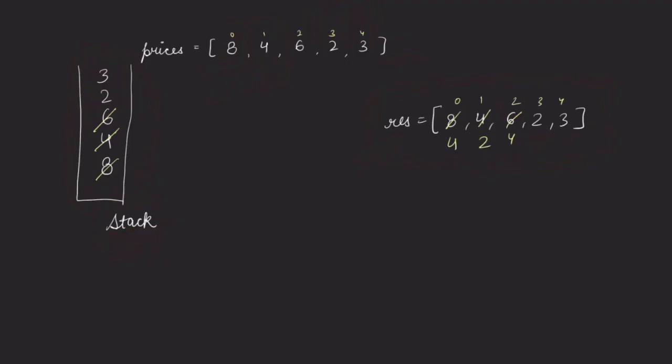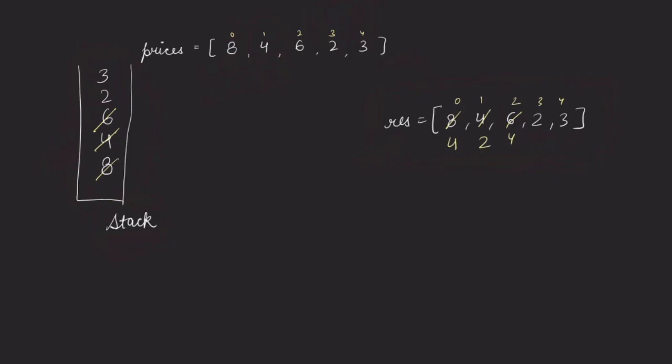And another thing to keep in mind is that storing these elements in the stack won't help us, because we want to update the values in the resultant array. So we should know the index, right? So instead of the elements, we will store the index in the stack.